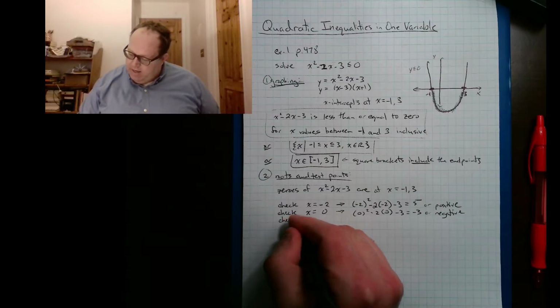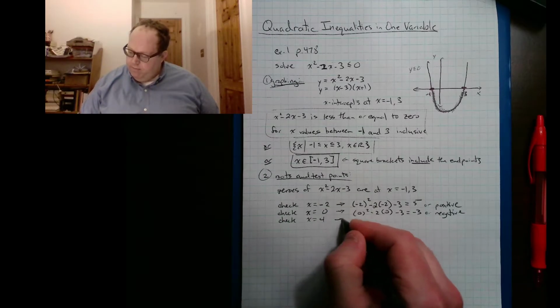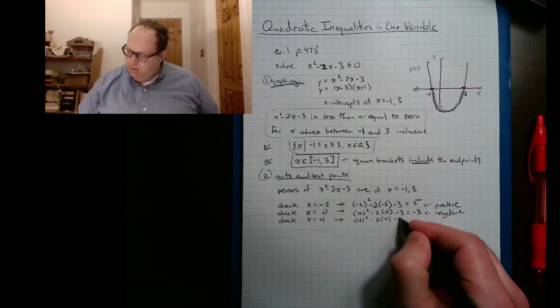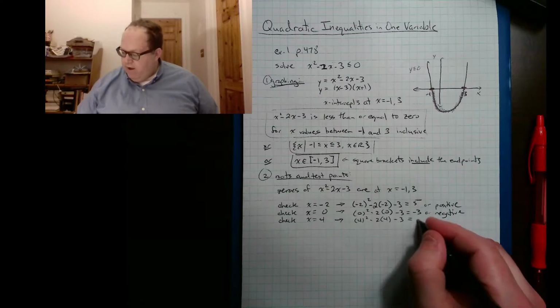And then finally, I check a number bigger than 3. So let's say 4. 4 squared minus 2 times 4 minus 3. That's 16 minus 8 is 8 minus 3 is 5, or positive.